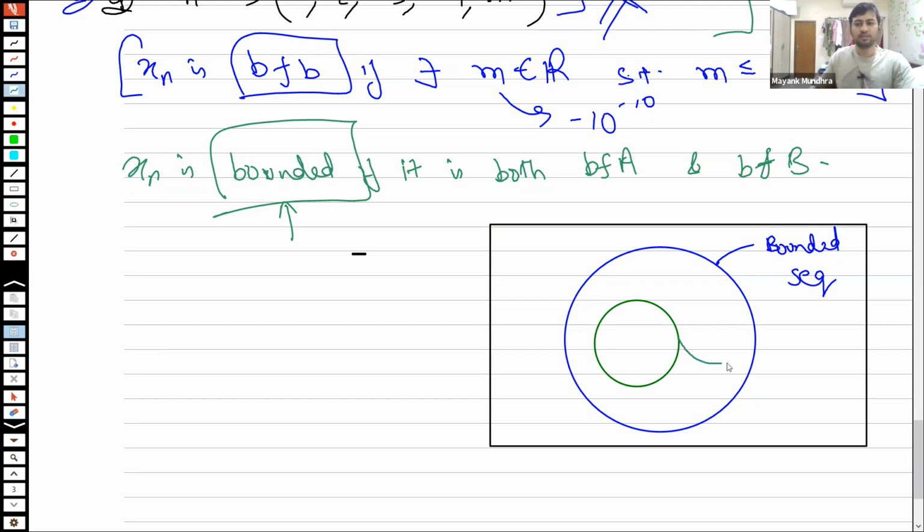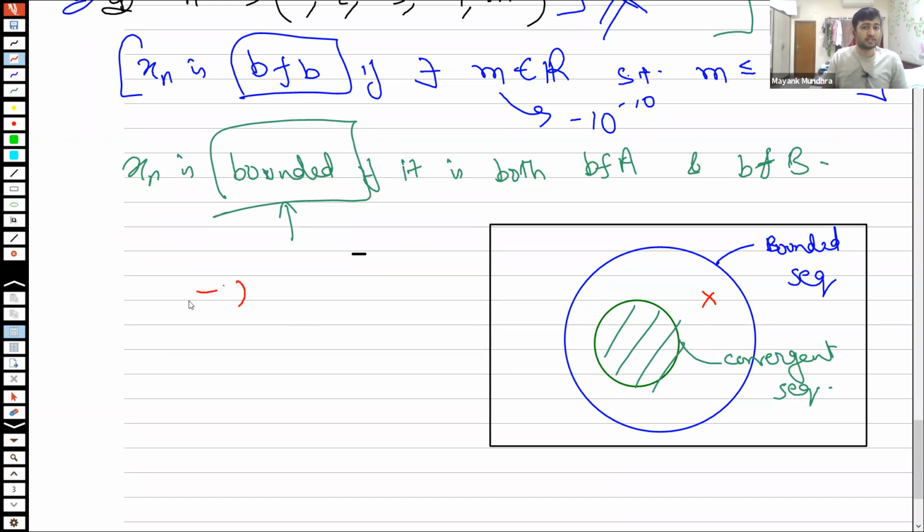So all convergent sequences are bounded, but there are bounded sequences which are not convergent.